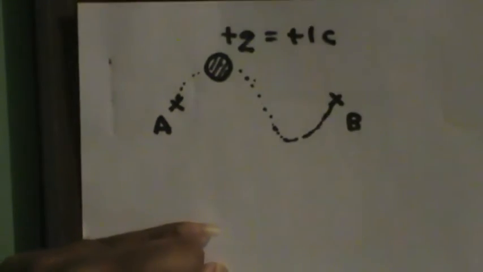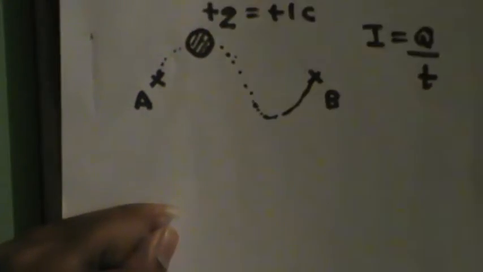So you know that I is equal to dq by dt, or simply q by t. So Q is equal to It.